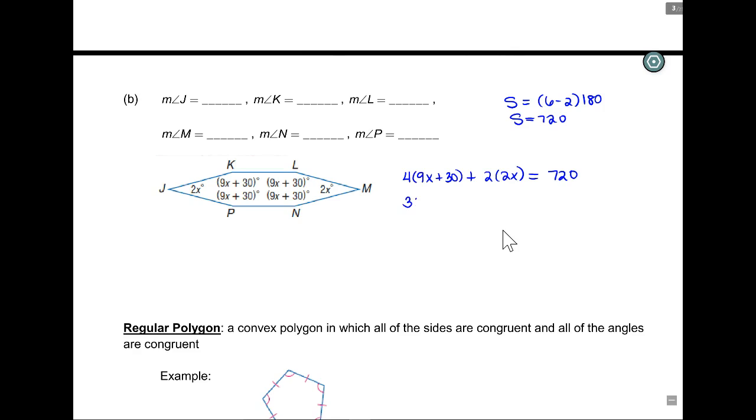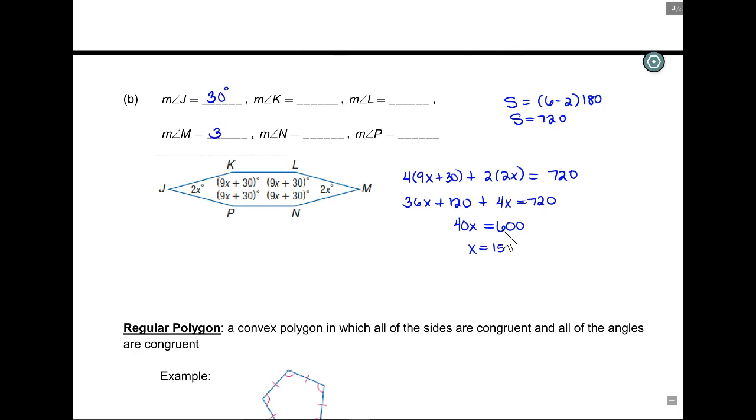So I'm going to distribute here. 36x plus 120 plus 4x equals 720. So we have 40x equals 600. So I'm going to divide, and we get x equals 15. So I know J and M are 2 times 15, so those are 30 degrees.